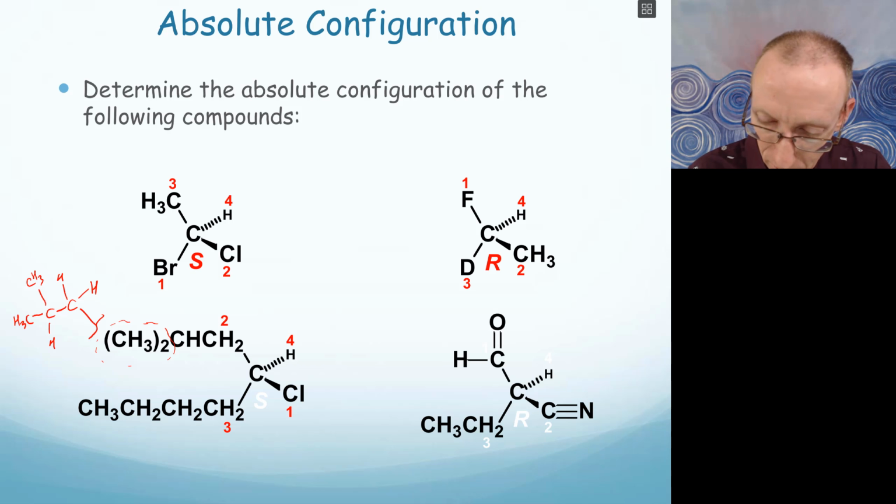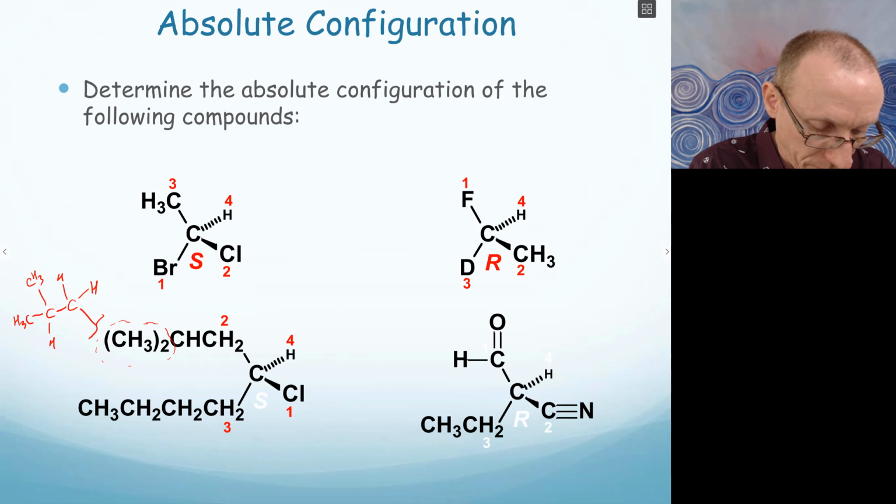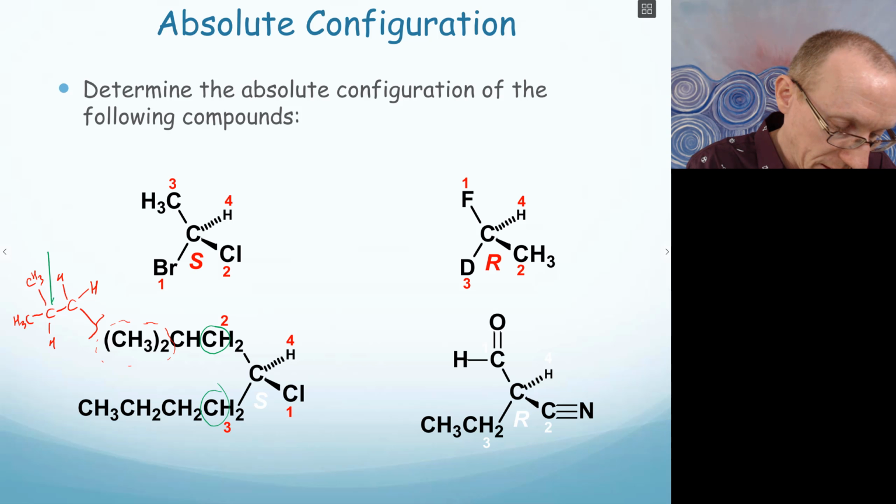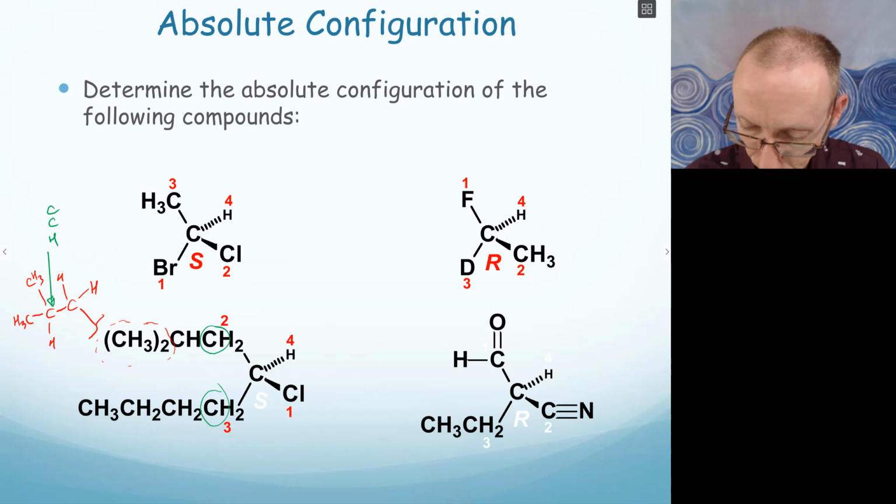So as we go out along the chain, this position here is the same as over here. So we're going to have this carbon then goes to this one, and that carbon here has a carbon and a hydrogen attached to it.